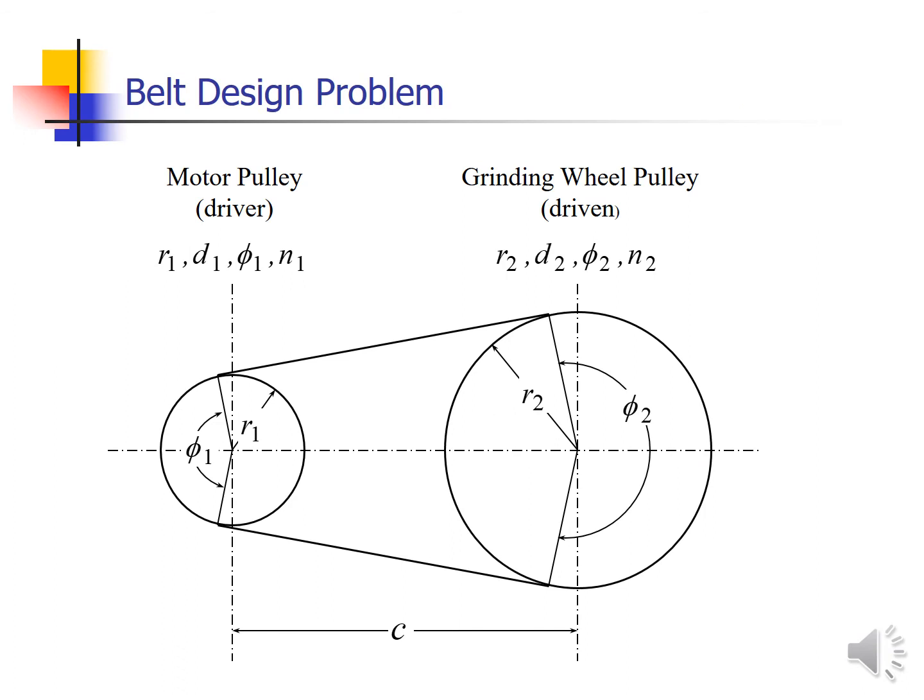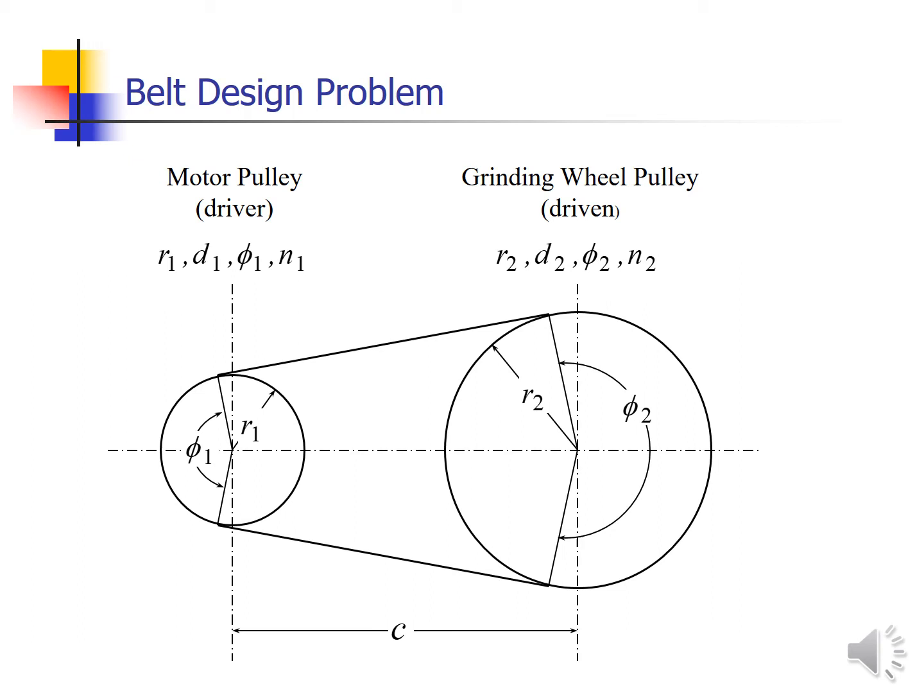Here we have a 2D design for another example, the belt design problem, about the pulley: the motor pulley and the grinding wheel pulley. This is the driver, and this is the driven. This top one has radius 1, and then radius 2 and top 2.